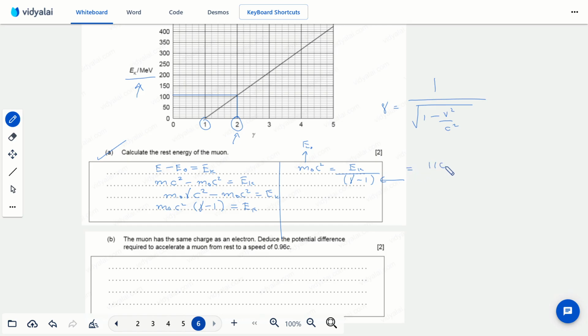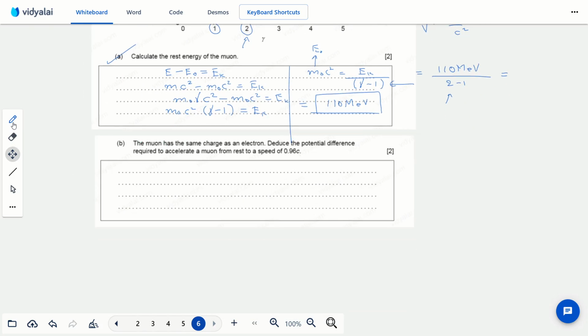So 110 MeV, mega electron volts of kinetic energy. Divide that by 2 minus 1. I'm substituting 2 in place of gamma. So the final answer is 110 mega electron volts. This is the rest energy of the muon.